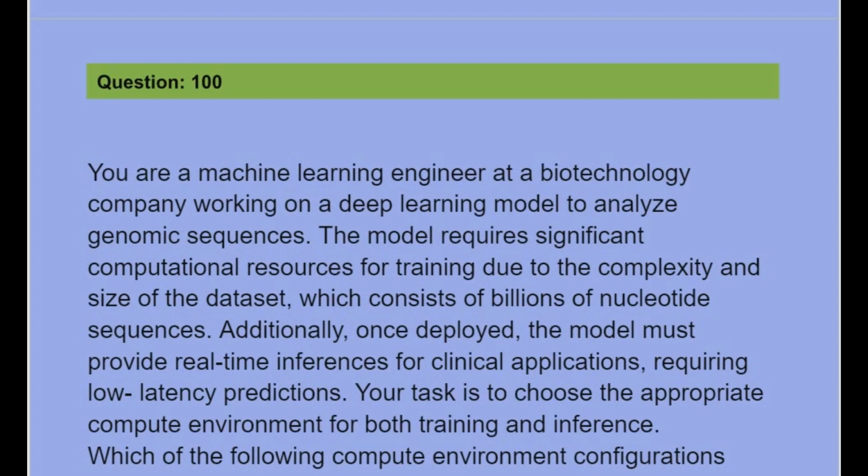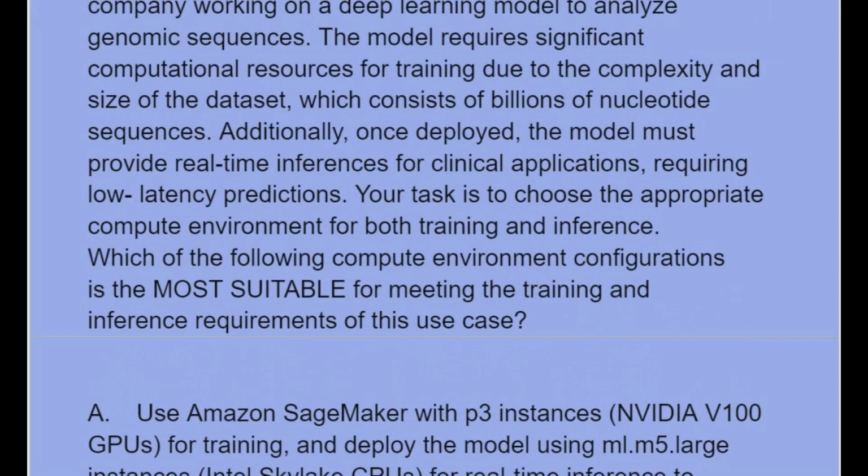Your task is to choose the appropriate compute environment for both training and inference. Which of the following compute environment configurations is the most suitable for meeting the training and inference requirements of this use case?